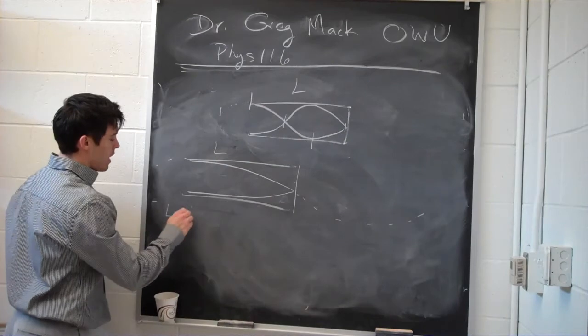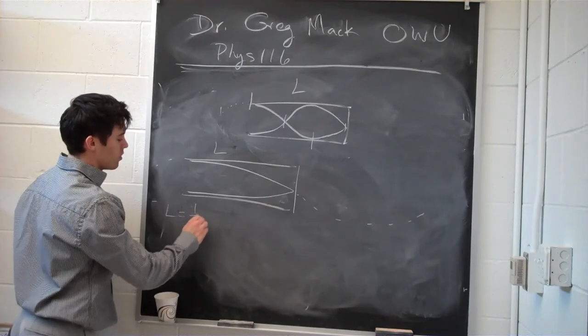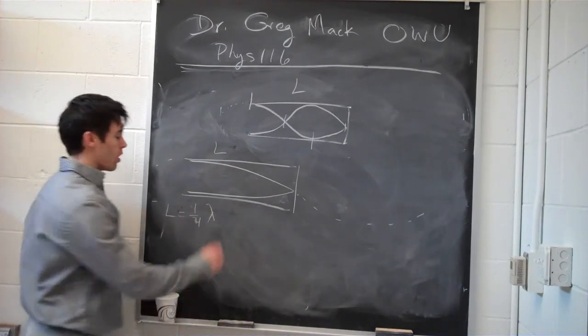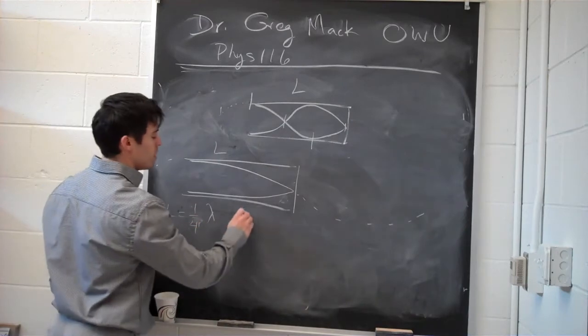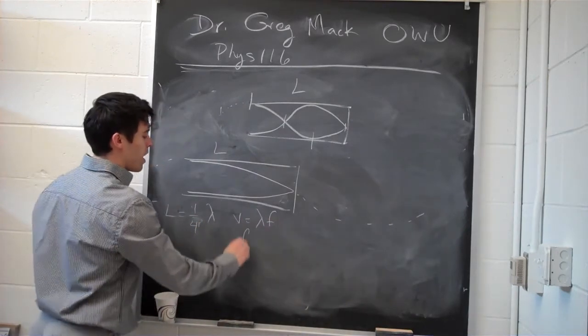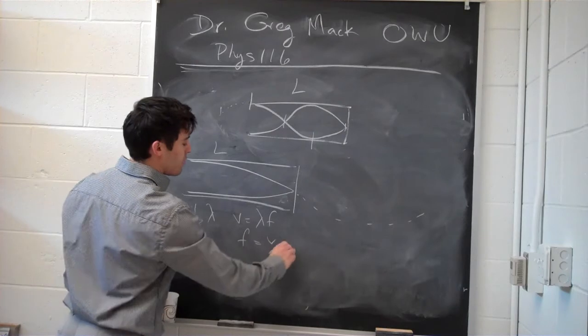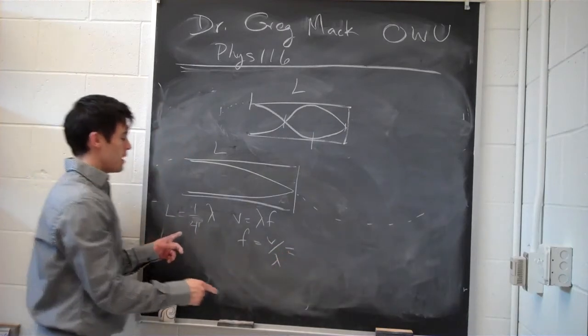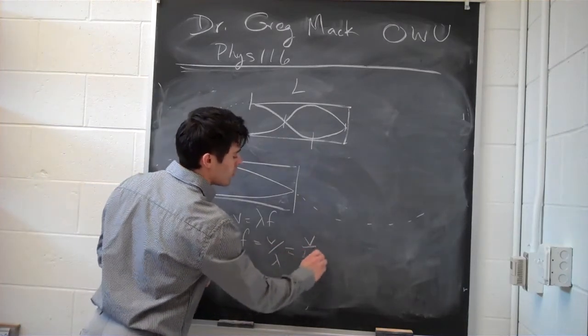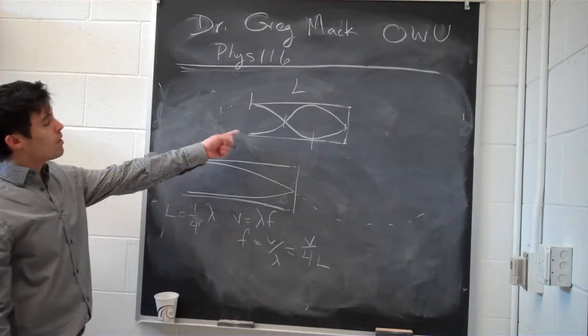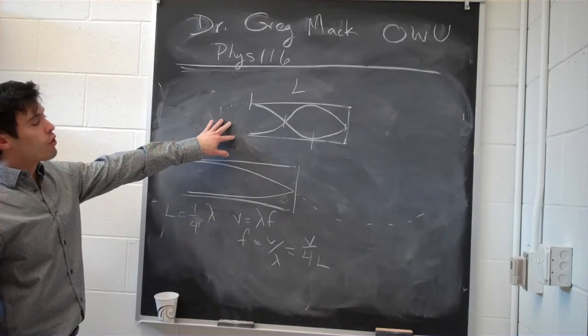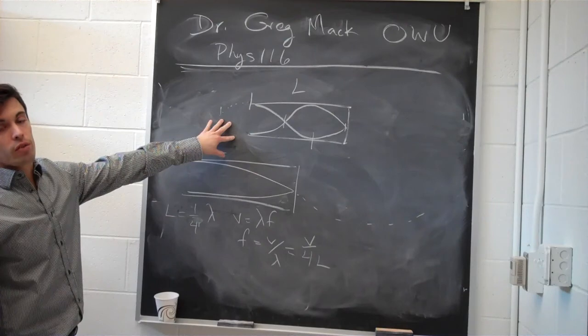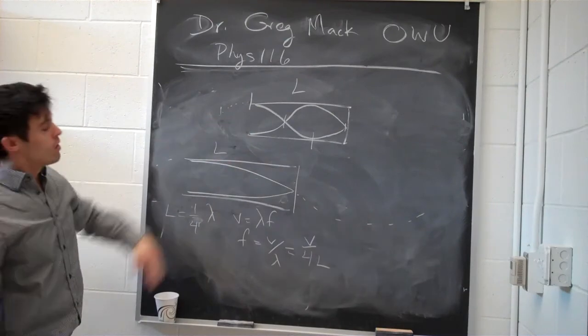So the L is equal to 1/4 of the wavelength, or V is equal to lambda F. F is equal to V over lambda. That means that the frequency is now equal to V over 4L. Now up here, we said for this case that we have 3/4 of the wave inside of the tube.